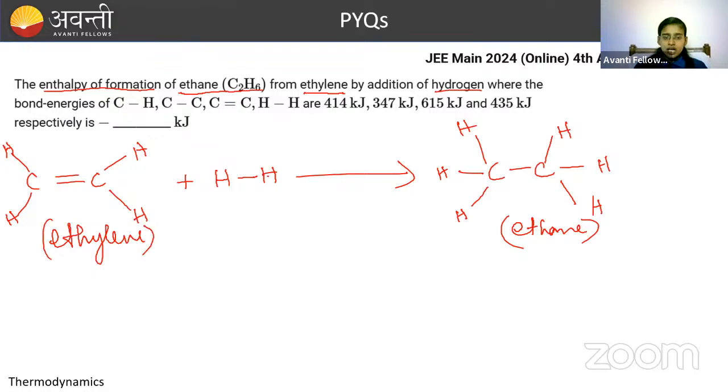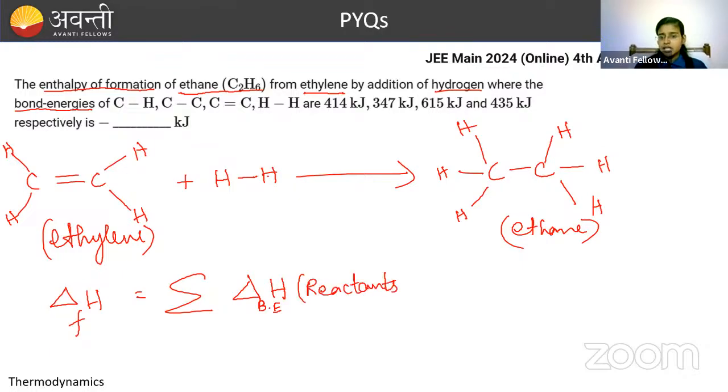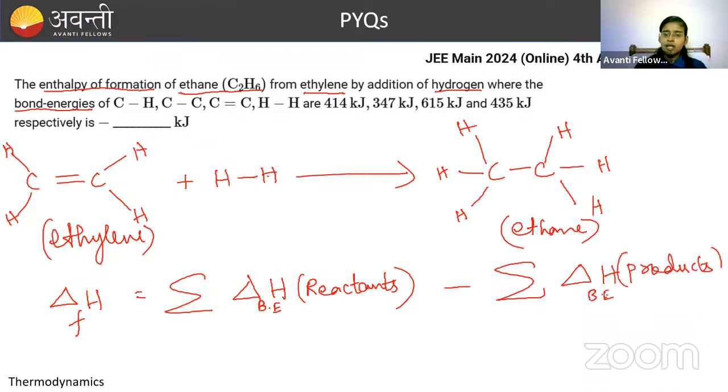So now, to find out the delta HF, the enthalpy of formation from the enthalpies of bond energy, it will be equal to summation of delta H of bond energy of the reactants minus summation of delta H of bond energy of the products. So this is the formula to find out.